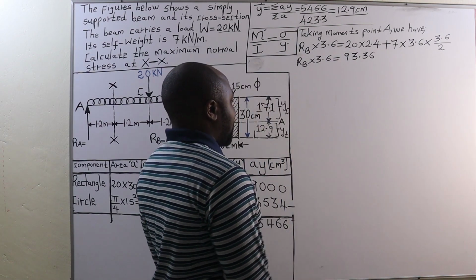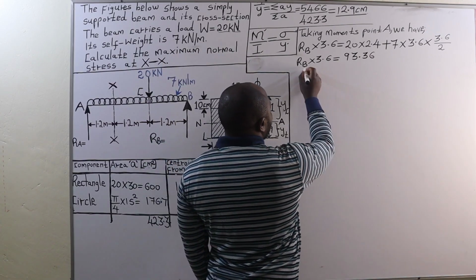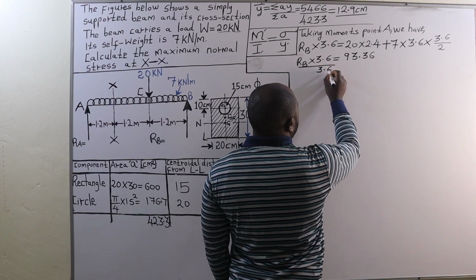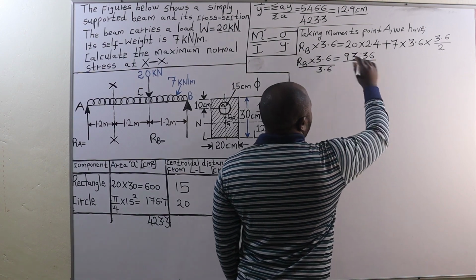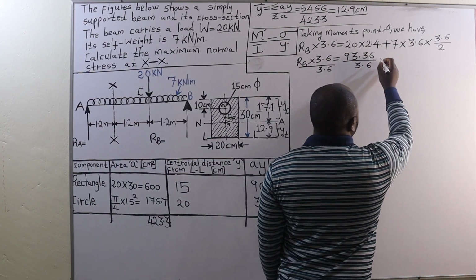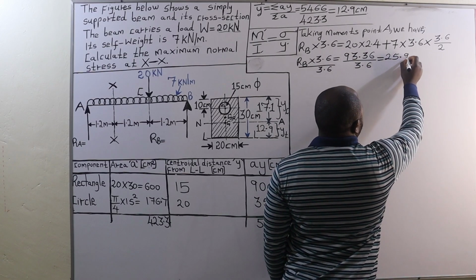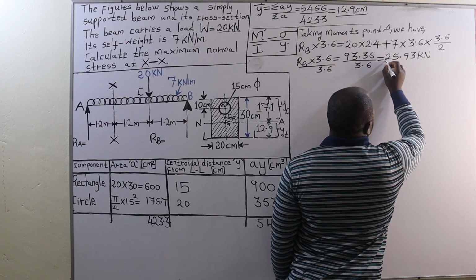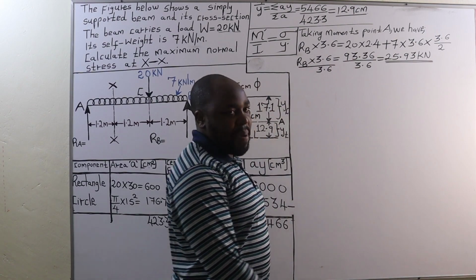So that's what we are going to have. Now for us to get the value of RB, we are going to divide both sides by 3.6. Therefore, 93.36 divided by 3.6, that's going to be 25.93 kilonewtons. Therefore, that is the reaction at support B.